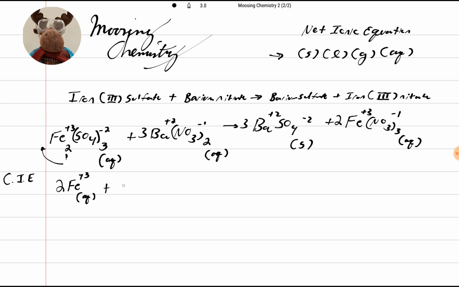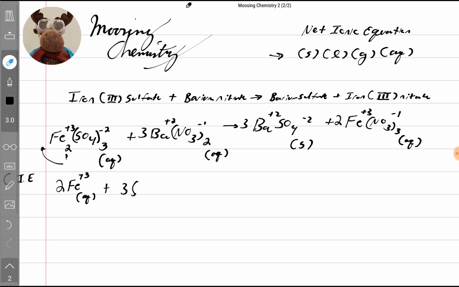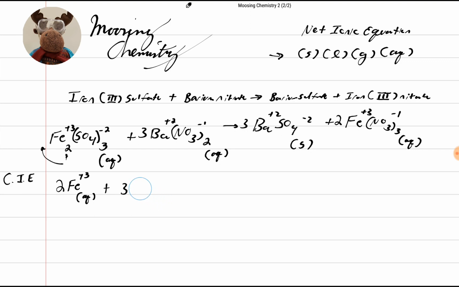Plus 3SO4 minus 2, and that's also AQ, plus 3Ba plus 2 AQ, plus 6NO3 minus 1 AQ. Where did the 6 come from?